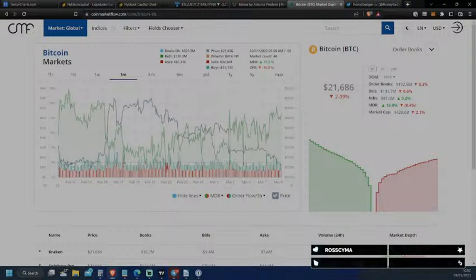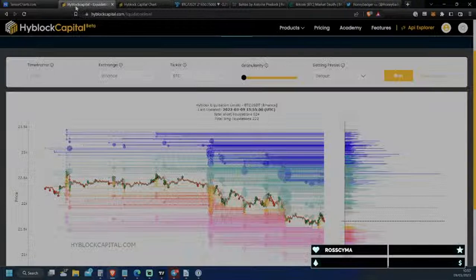It did go sideways for quite some time before it had an expansive move up, and I expect this to be no different. I expect us to go sideways for a number of days, maybe even to the weekend, and then we could go up before the CPI print, and then we'll see what happens after that.